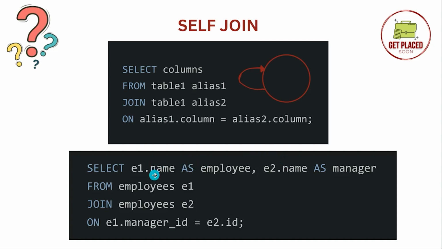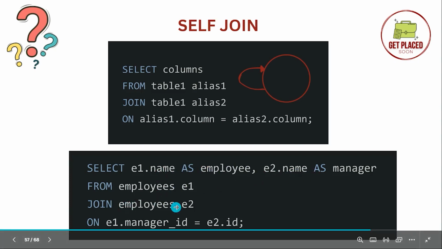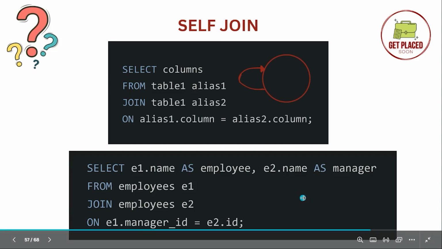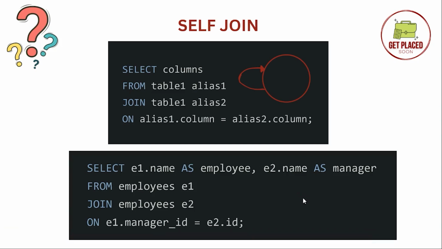So we are selecting the columns e1.name and e2.name from employees join employees, and we are doing the condition ON e1.manager_id equals e2.id. Right? Now what happens is, if an employee has a matching manager ID, the manager's name will be retrieved. Both instances refer to the same table, right? So table A and table B are both employees. It's just for understanding the table, the rows, and the hierarchy.